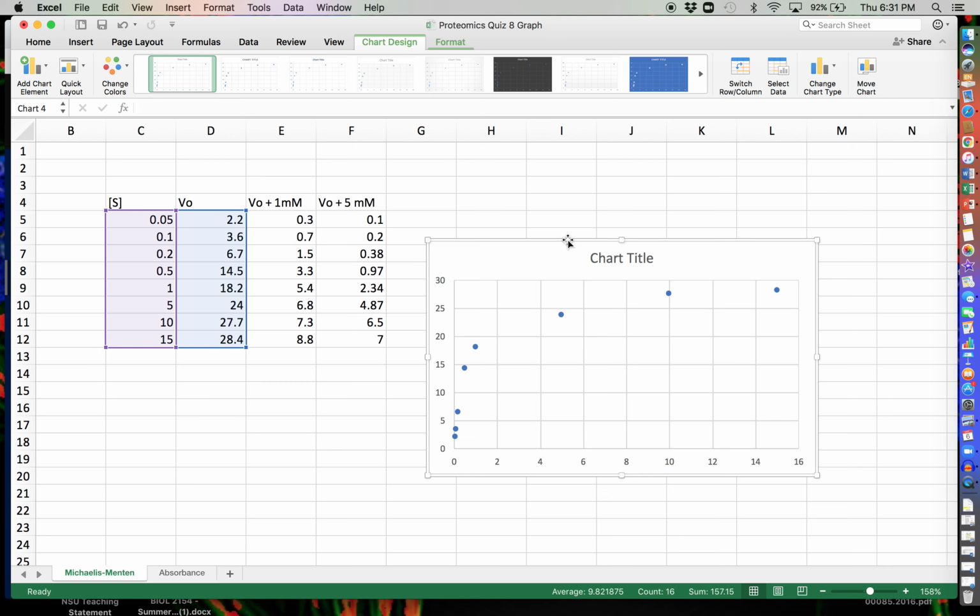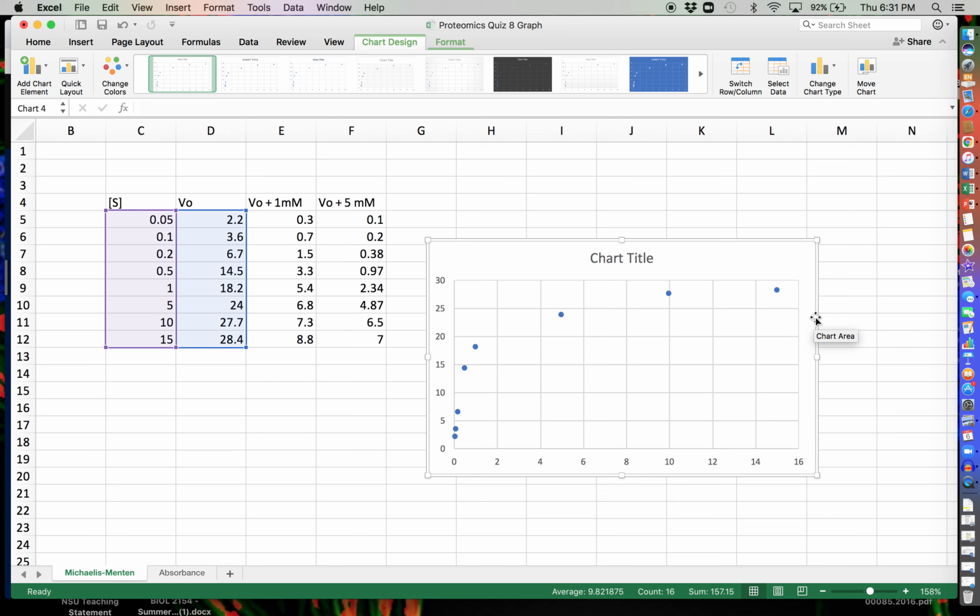So this is a graph of the initial velocity as a function of the substrate concentration, and we talked about the Michaelis-Menten equation during lecture. So you should see a pretty rapid increase in the initial velocity at the lower substrate concentrations, but as the substrate becomes more and more concentrated, you're going to saturate the enzyme and you're going to eventually hit a maximum velocity.